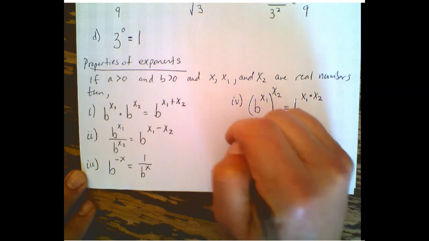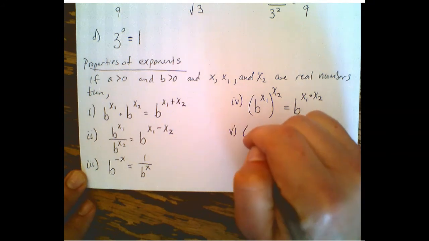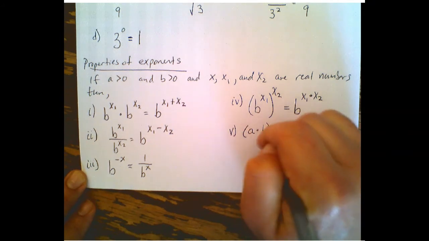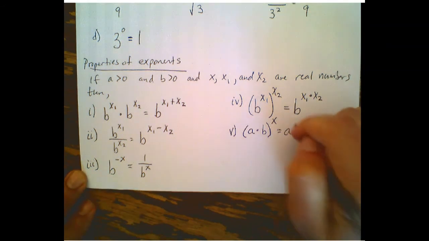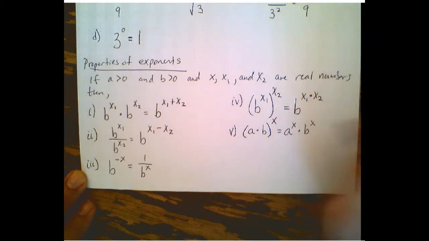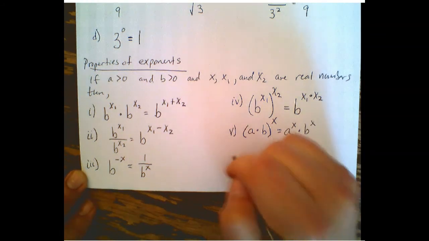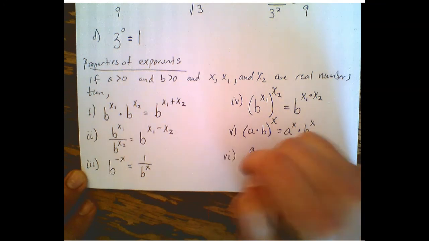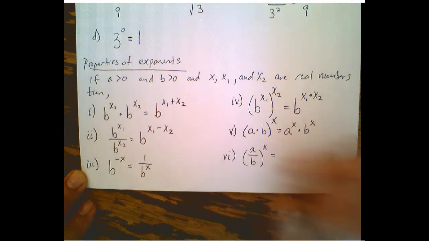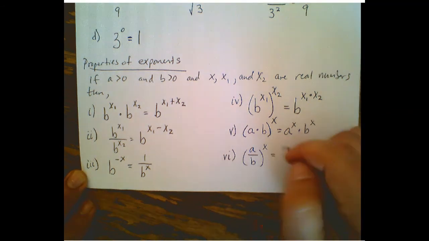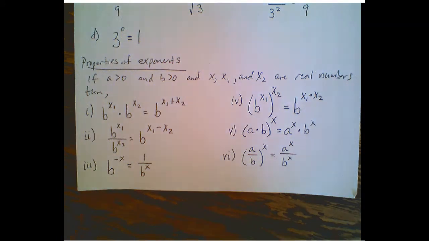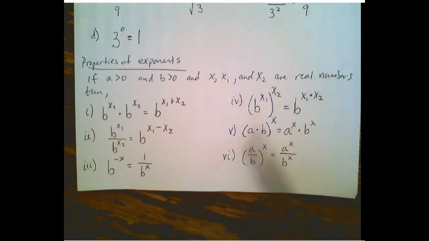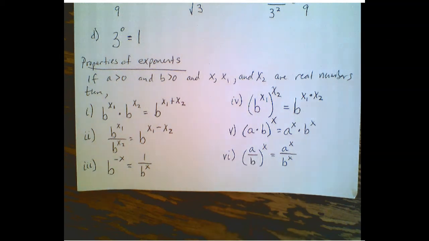And the last deal with raising a product. So if we have a times b to some power, this is equivalent to a to that power times b to that power. And the same goes for division. We have a over b to some power. We just apply the power to both the numerator and denominator. Okay. Note that powers don't really like addition and subtraction. You can't distribute a power over addition, only multiplication and division.